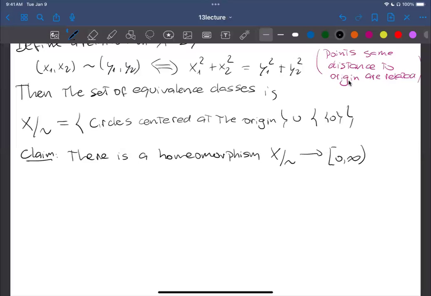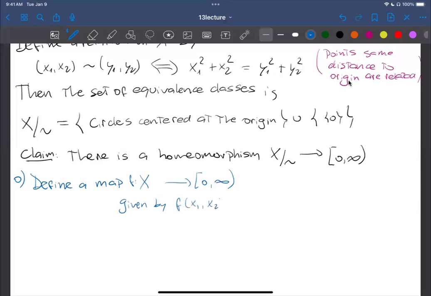Okay, how do we prove that? Well, step zero here is we're going to define a map. Instead of going out of the quotient set, going out of X, so from X, which is R2, to the semi-open interval, let's call this map F, and it's going to be given by F at an element in X, so x1, x2, is going to be the square root of x1 squared plus x2 squared, because that's actually the distance to the origin.